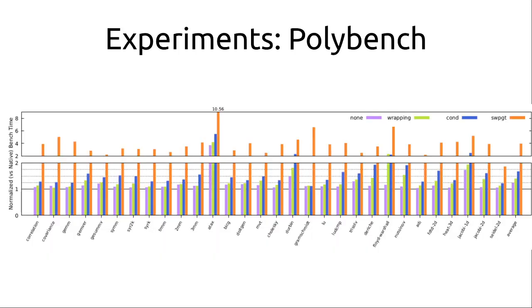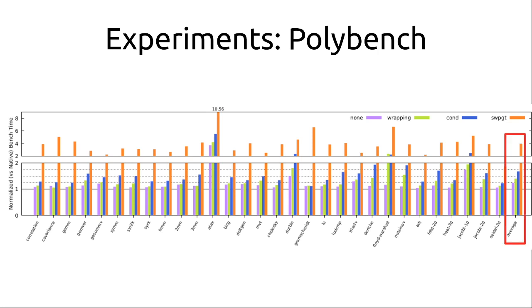Now, we're going to look at some experimental results here. We look at Polybench, which is a collection of benchmarks, which are all shown here. We use Polybench simply because the original Wasm paper used Polybench, so for experimental parity, we evaluate in the same way. You can see that there are many, many different results here, and I'm not going to go into all of them.